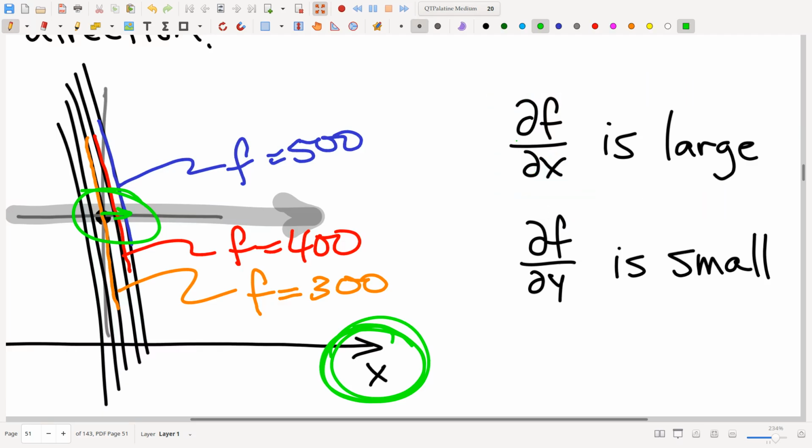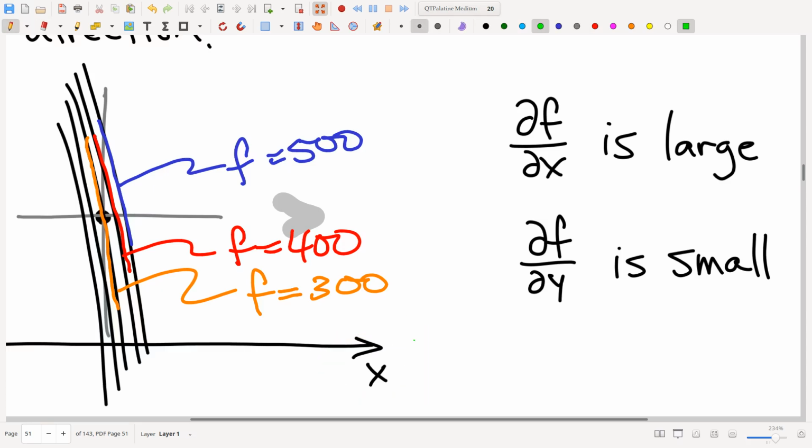Okay. That noted. Now let's entertain, what if we were going to look at the partial with respect to y? Right, what's the partial with respect to y? Well, I would notice if I go in the y direction, I'm gaining those same 200 feet of altitude, but over a much greater horizontal distance.